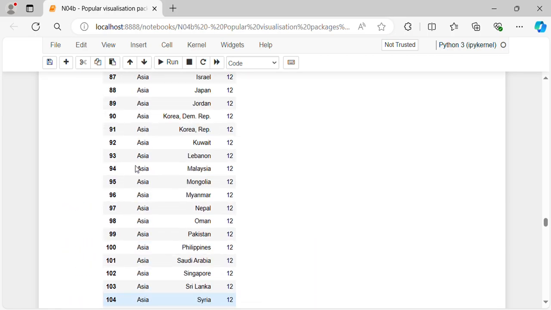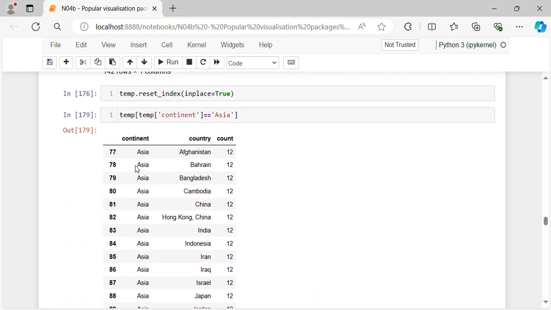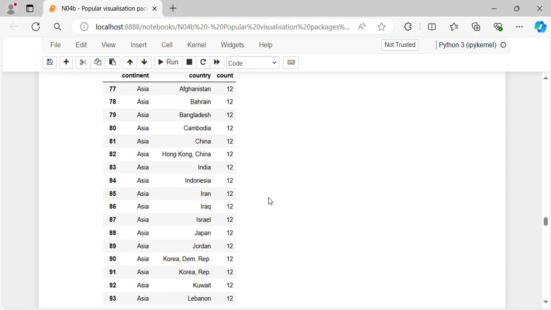So now we can see that all these countries are coming under continent Asia.